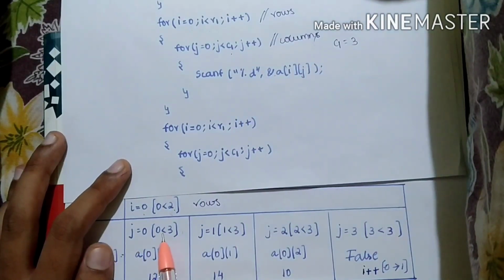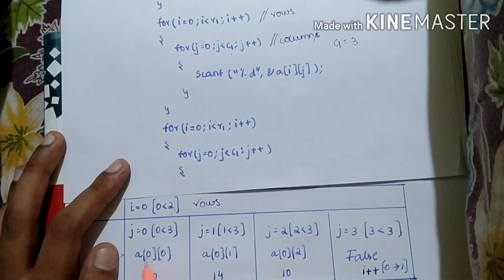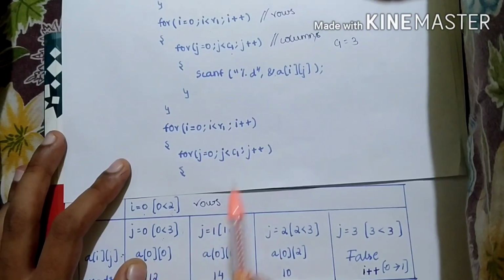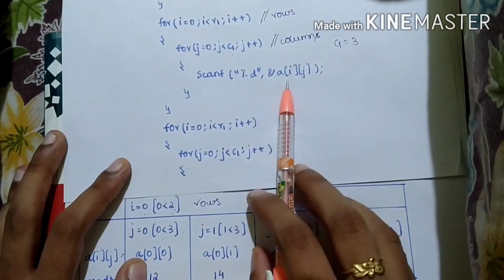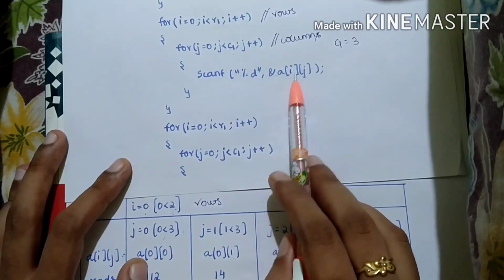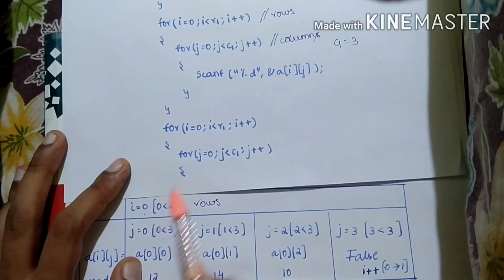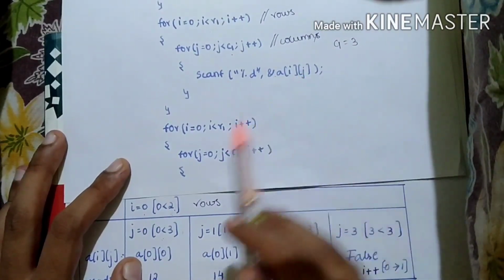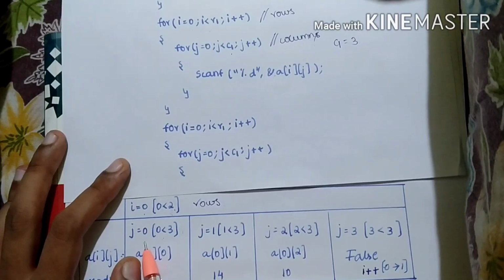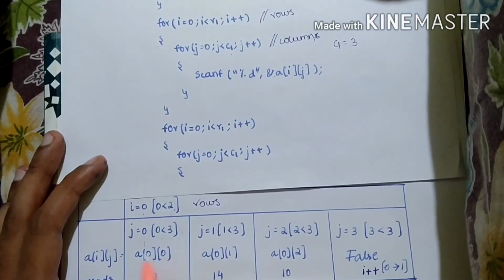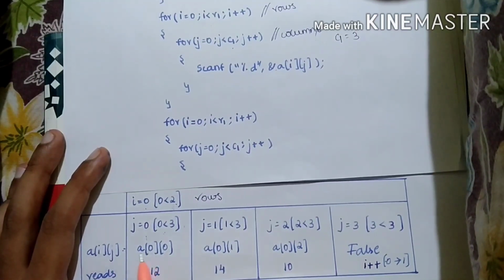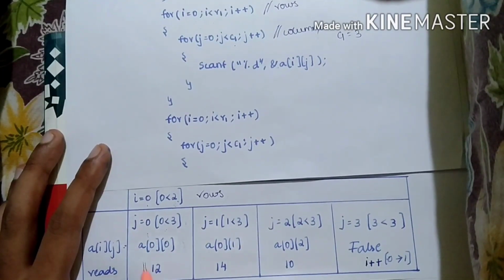Condition is true. So it gets into the loop, a of i of j, where i is 0 and j is 0. So a of i of j, that means a of 0 of 0, reads the value which we enter in this address, that means it stores in this variable.